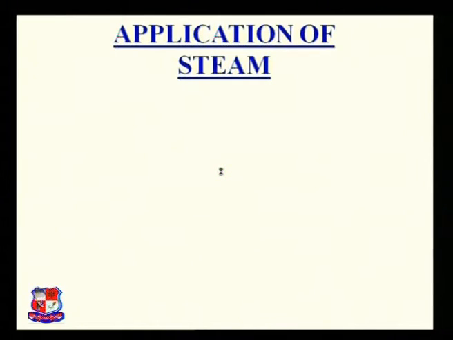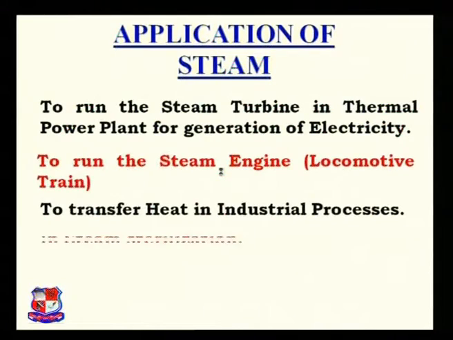The applications of steam are to run the steam engine in a locomotive train, to run the steam turbine in a thermal power plant for generation of electricity, to transfer heat in industrial processes, and in the steam sterilization process. It means steam is required everywhere, and so we have to study the formation of steam and the properties of steam.